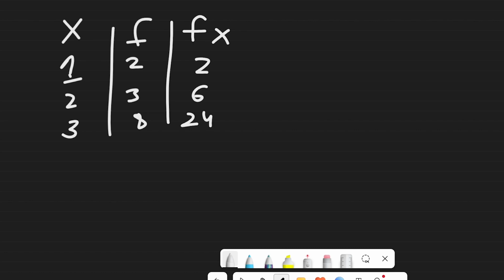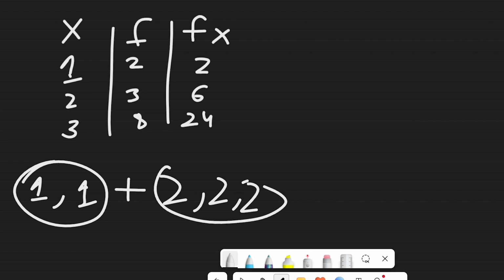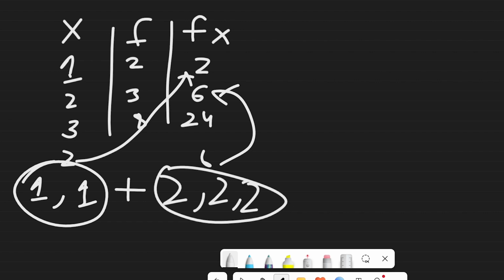Why did we do fx? If we refer back to the raw form, if there are two ones, that means the sum of these two, and then we add 2 three times, so that would be basically 6, then we add 3 eight times.